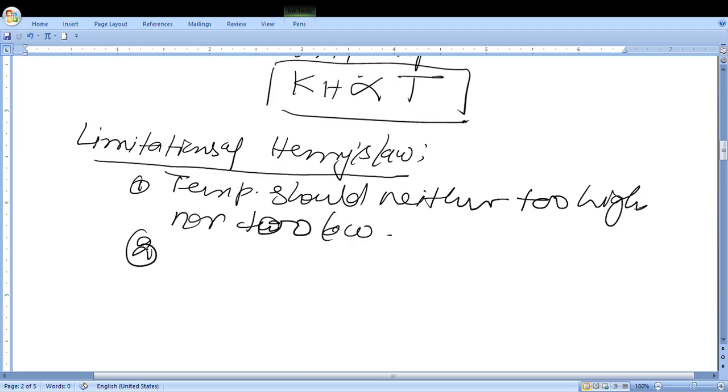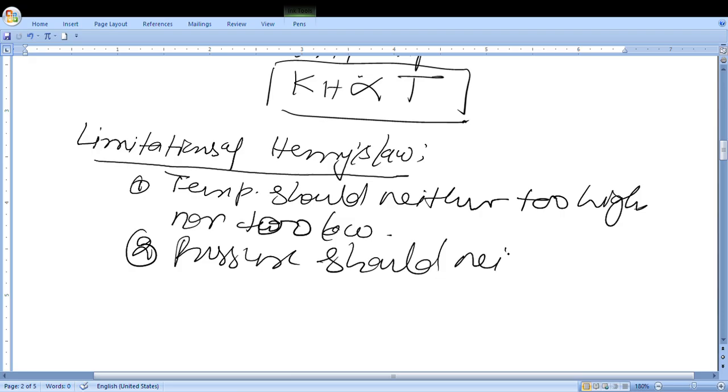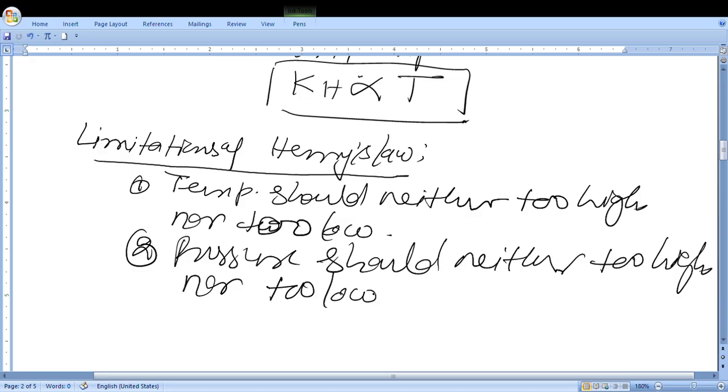Number two, pressure should be neither too high nor too low.